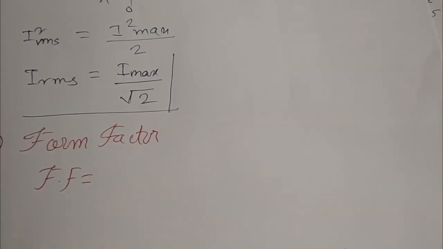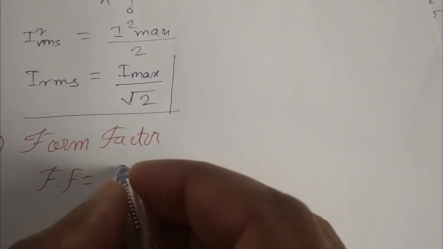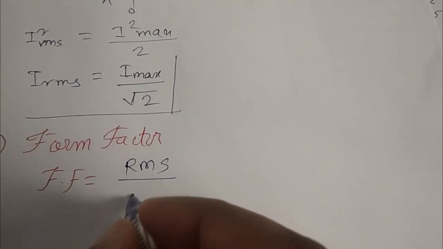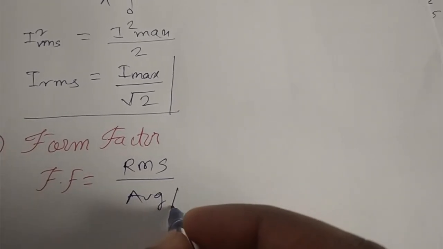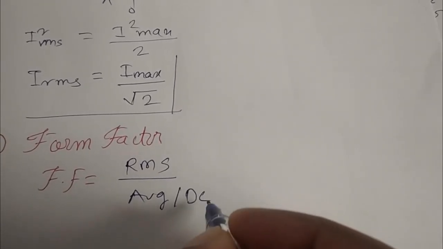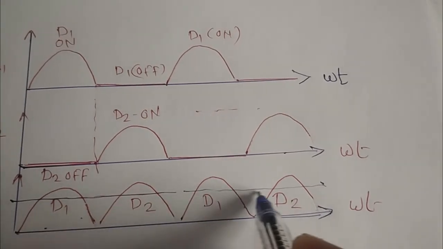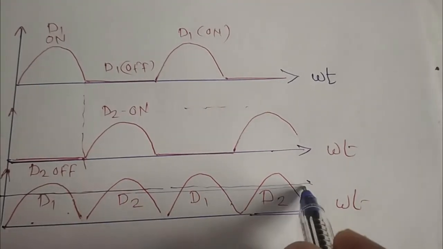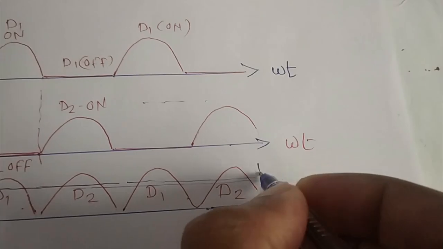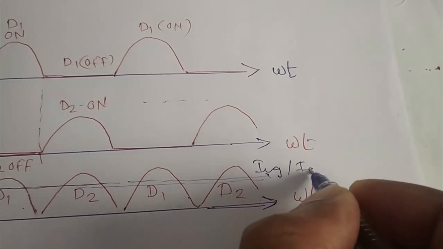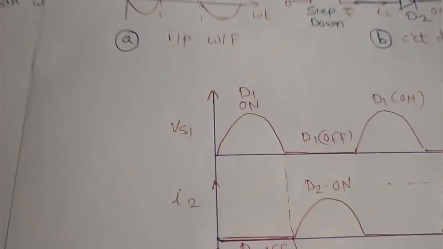So form factor is defined by the RMS value of current divided by the average value of current. This average value is nothing but the DC value at the output. We check how much is the average. That average is nothing but the DC, so this I average is nothing but IDC at the output waveform.